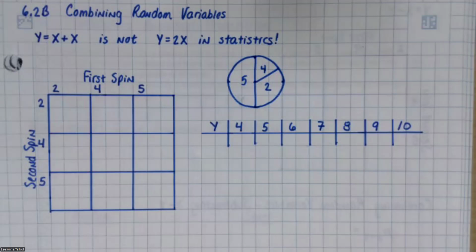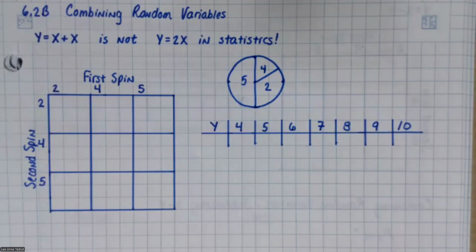Okay, how is that different from 2x? I just walk up to the spinner one time. I get a 5 or something, and then I double it. I just times it by 2, but it's only one spin doubled.